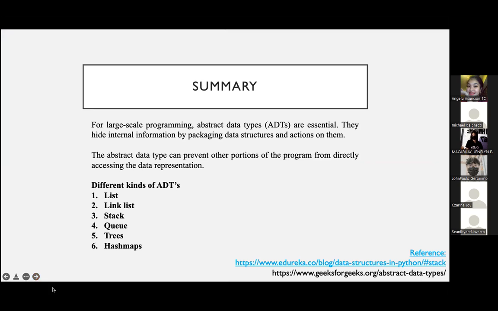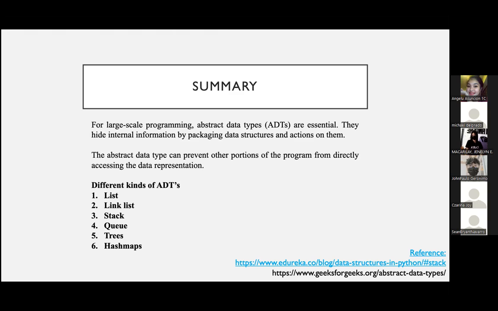Summary. For large-scale programming, abstract data types or ADTs are essential. They hide internal information by packaging data structures and actions on them. The abstract data type can prevent other portions of the program from directly accessing the data representation.